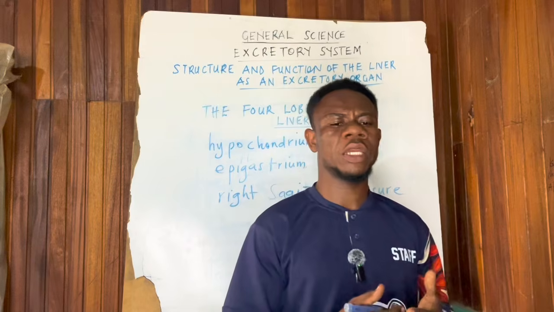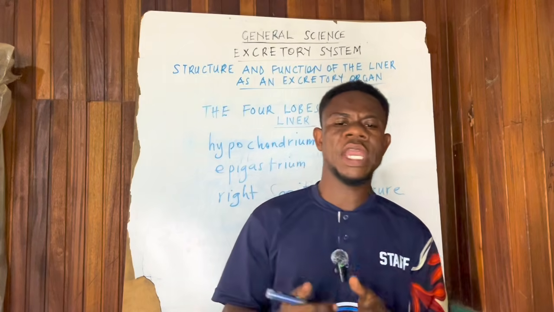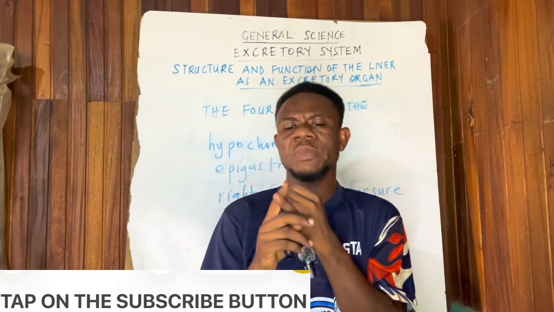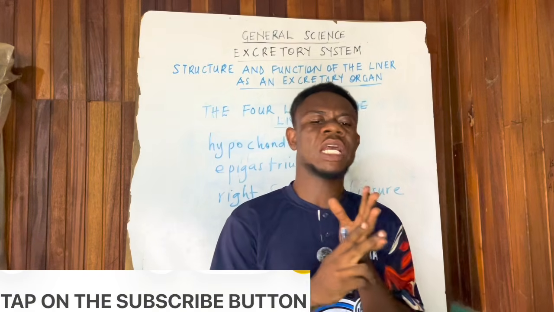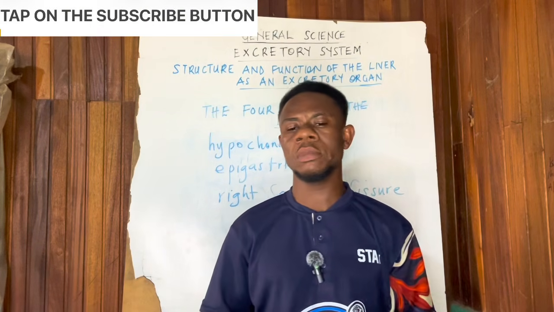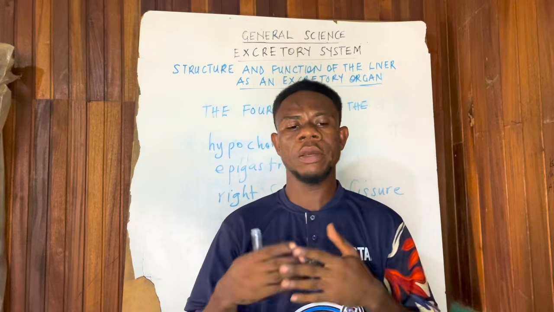What is the function of the right lobe? It performs most of the liver's metabolic functions, processes most of the blood from the digestive system, and produces most of the bile.